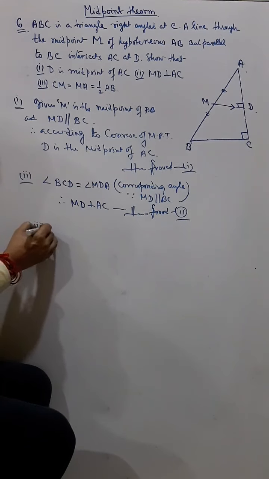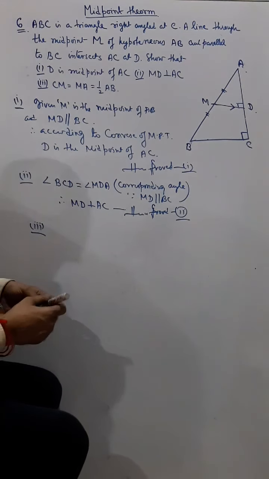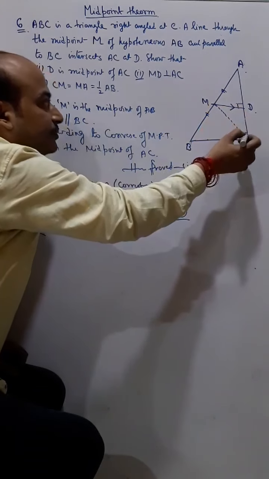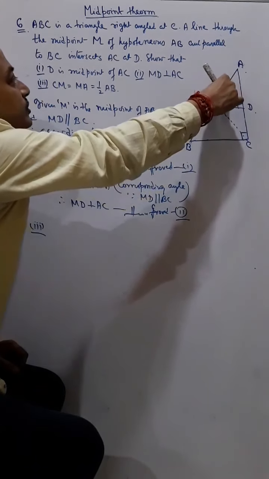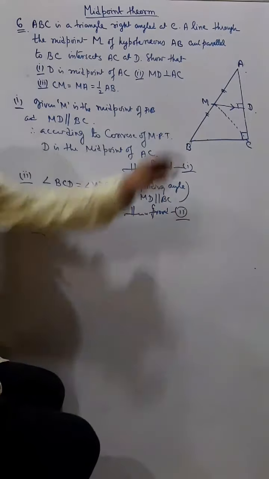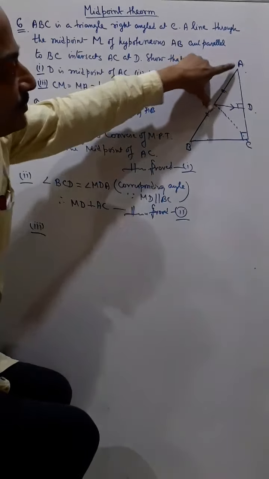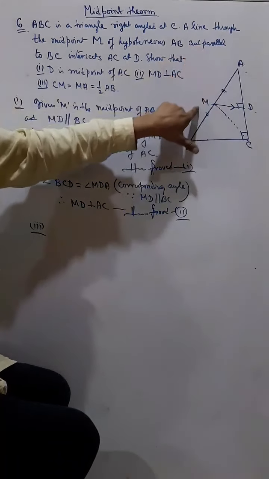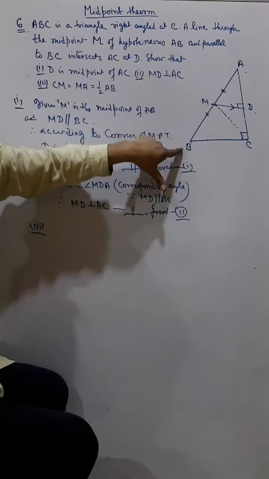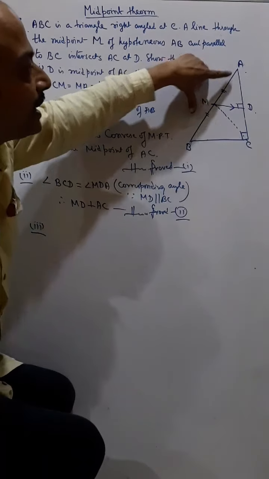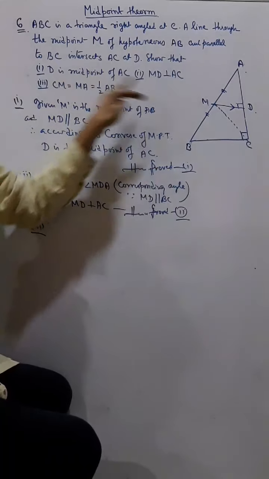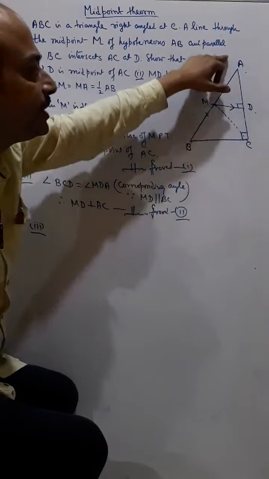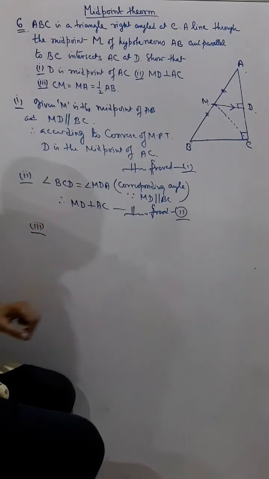Now number 3, they told prove CM equals AM. We have to prove CM equals AM equals half of AB. Now AM is half of AB, we know that already because M is the midpoint. We just have to prove MA equals MC.